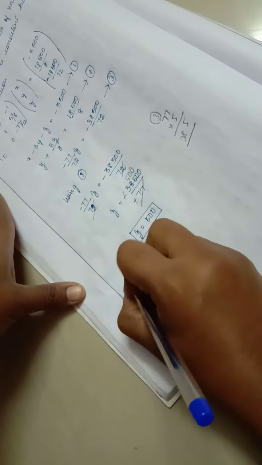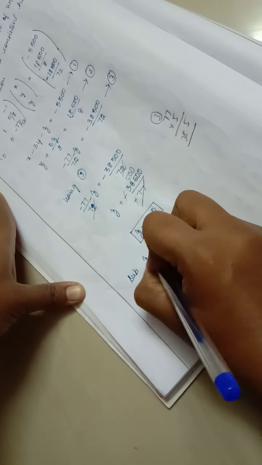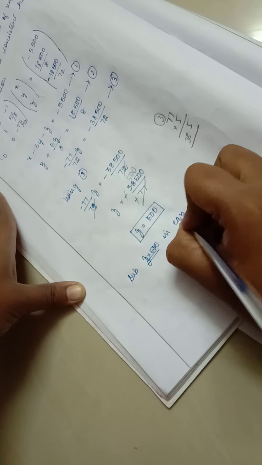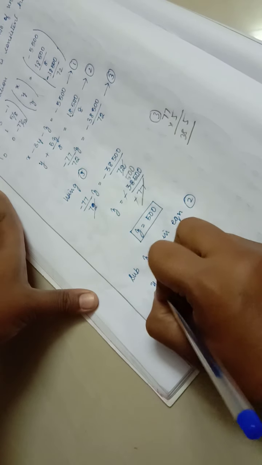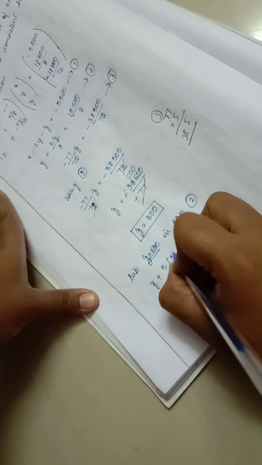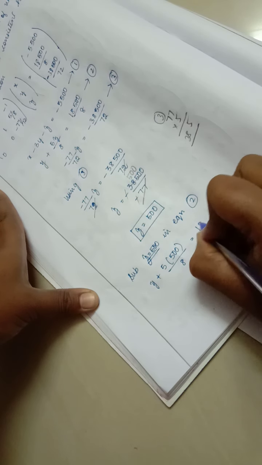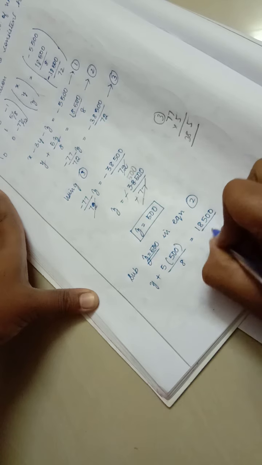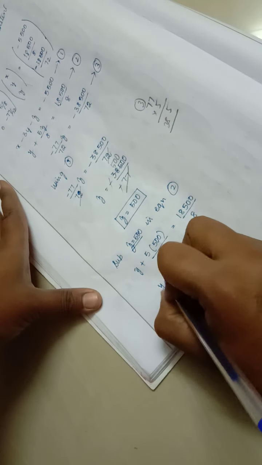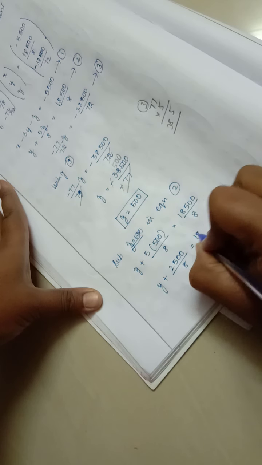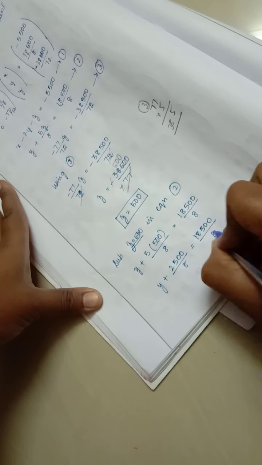Then we are going to substitute in equation 2. So substitute z equals 500 in equation 2. So y plus 5 into 500 by 8 equals 18,500 by 8. Y plus 2,500 by 8 equals 18,500 by 8.